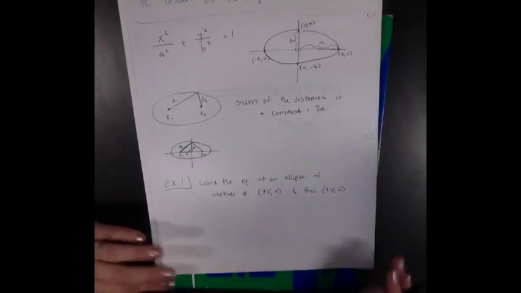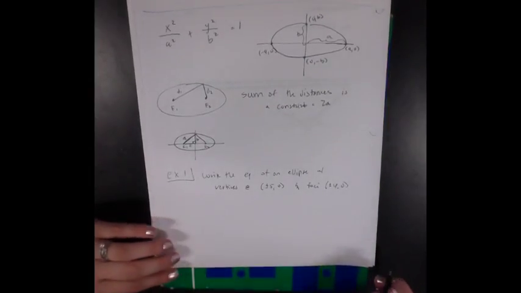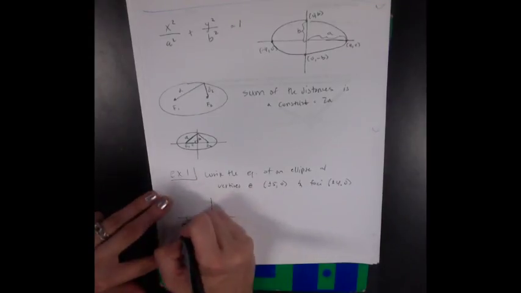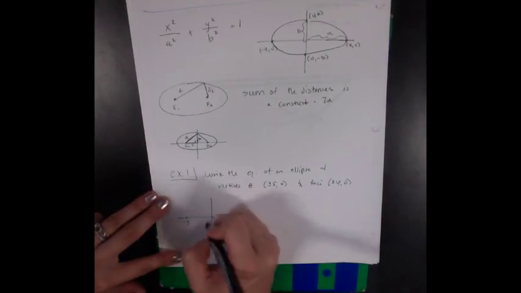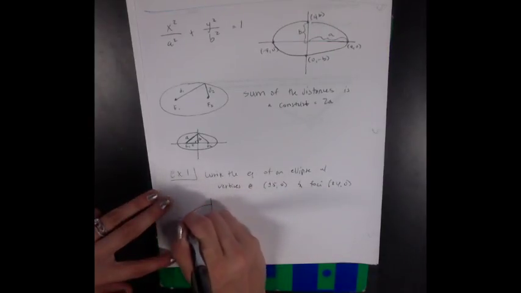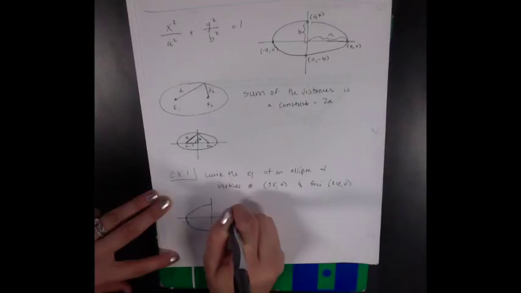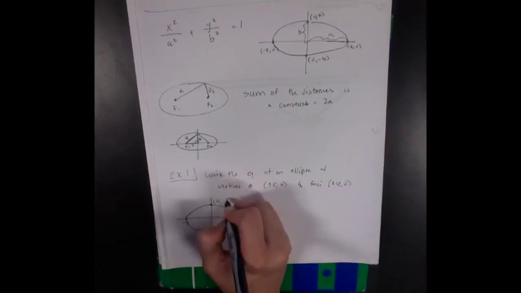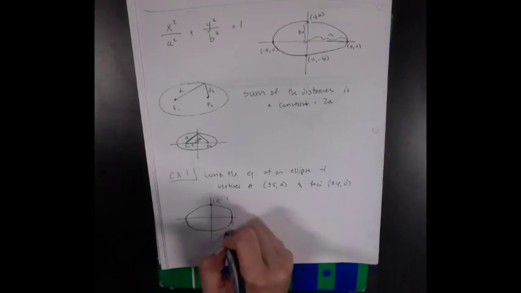You always have to draw a diagram. Always, always, always, always. So, this is negative 5, this is 5, right? And my ellipse goes through those. This point I don't know yet. That's what we're looking for, nor this point.